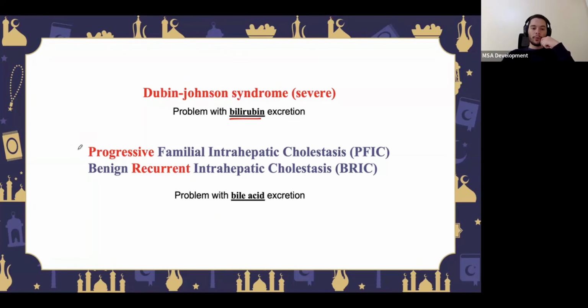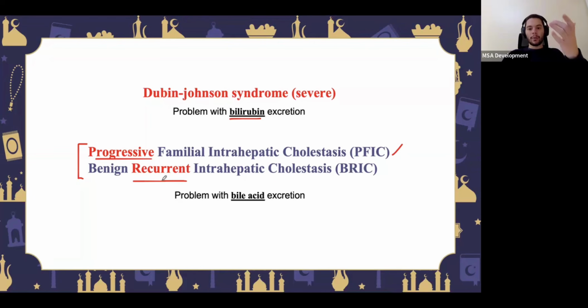This would predispose to two other conditions mentioned in your biochemistry lectures, the progressive familial intrahepatic cholestasis and the benign recurrent intrahepatic cholestasis. And to quickly differentiate between them, progressive familial essentially means you're continuously unable to excrete your bile acids, so it's much more severe than your benign recurrent. Recurrent essentially means that it comes and goes. Okay? This is the problem with bile acid excretion.